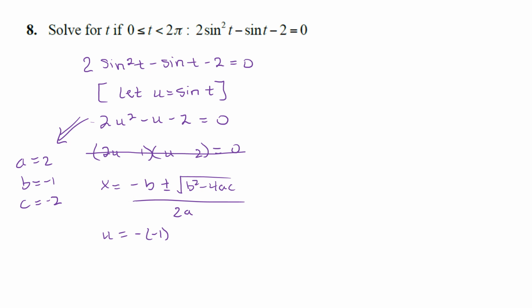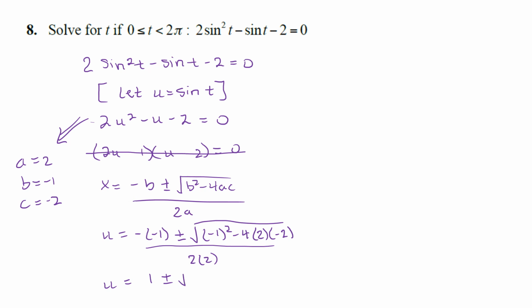So having these values, I can now substitute them into the quadratic formula. So our b is -1. So we'll have -1 squared minus 4ac all over 2a. So simplifying this, we'll have 1 plus or minus the square root of 1 plus 16 over 4. So that's 1 plus or minus the square root of 17 over 4.